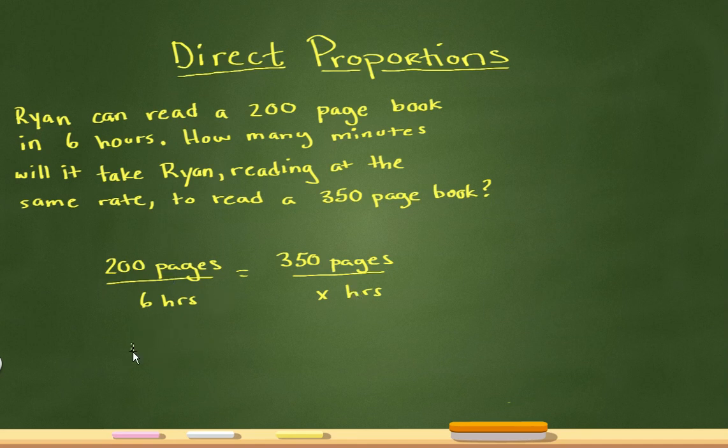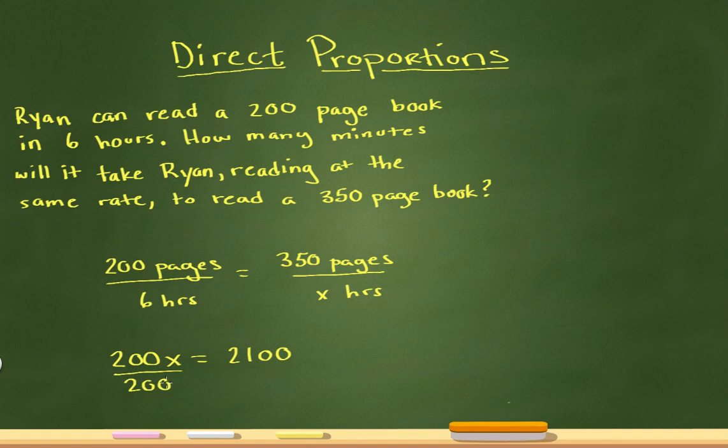So you're going to get 200x equals, that's going to be 2100. So there you go. 200x equals 2100. And now we're going to solve for x.